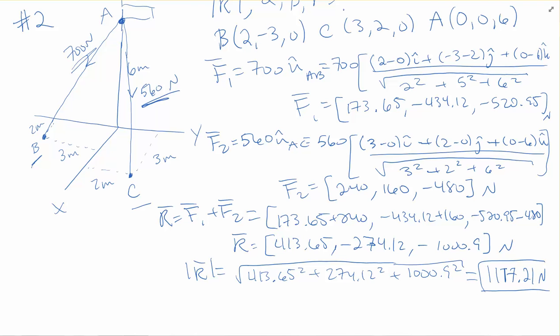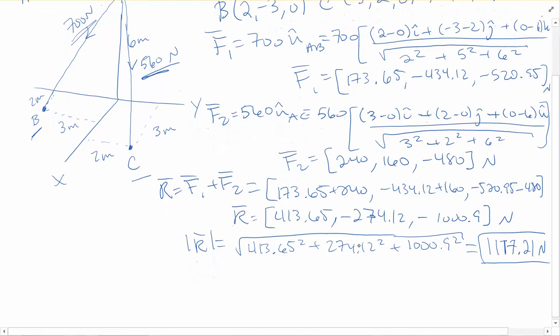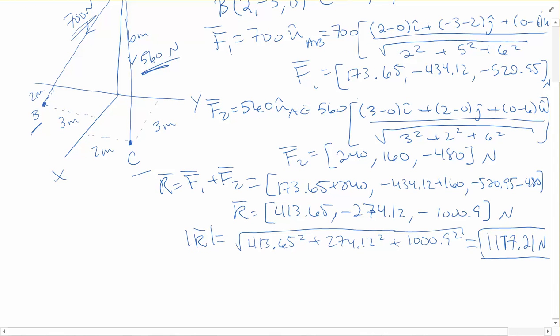Next we want to find alpha, beta, and gamma. Remember, we can find those angles by using the unit vector. We want those angles for the resultant force, so we're going to use the unit vector of the resultant force. The unit vector is the resultant force vector over the magnitude of the resultant.